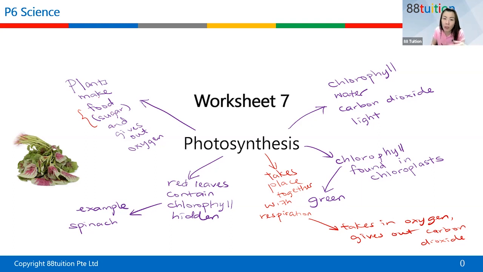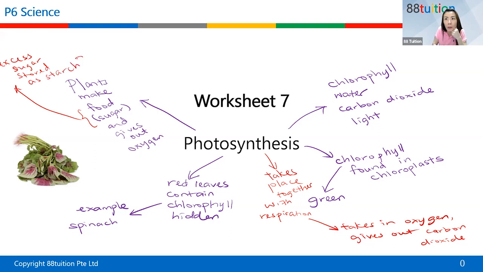There will always be sugar being formed, but the plant will not need so much food to survive, right? So what will happen to the excess sugar? You'll turn it to starch. Very good. So excess sugar will be stored as starch.